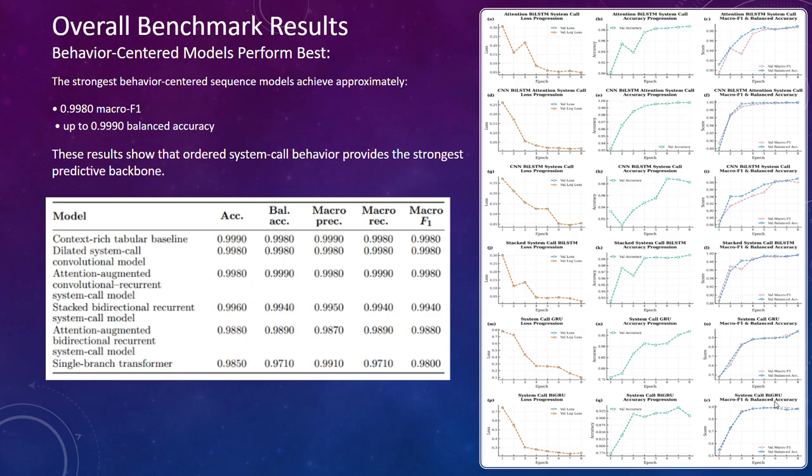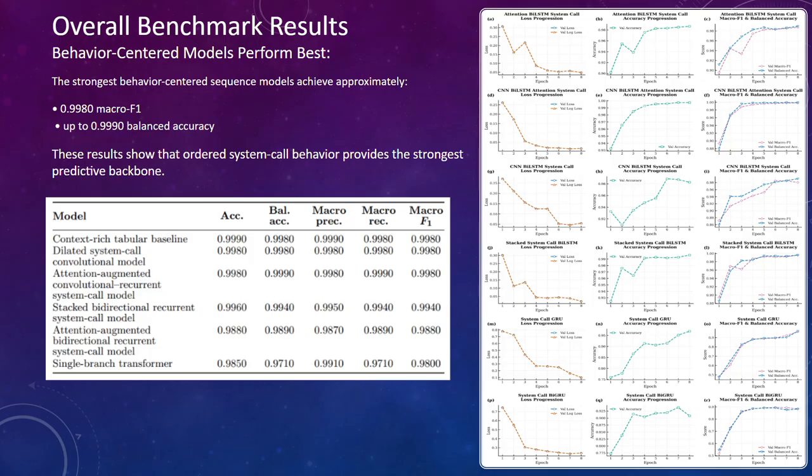Also, the bidirectional gated recurrent unit was used as a sequential model throughout this research process. The strongest behavior-centered sequence models achieve approximately 99.80 macro F1, which is really high, up to 99.90% balanced accuracy, because of the training procedure's success and also successful pre-processing.